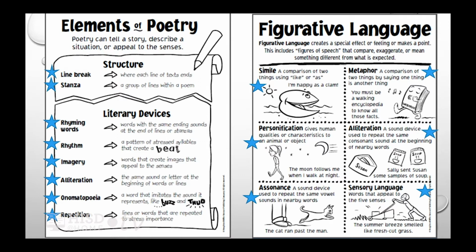Let's look at metaphor. Metaphor is a comparison of two things by saying one thing is another thing. Listen to this example. You must be a walking encyclopedia to know all those facts. Then we have personification.